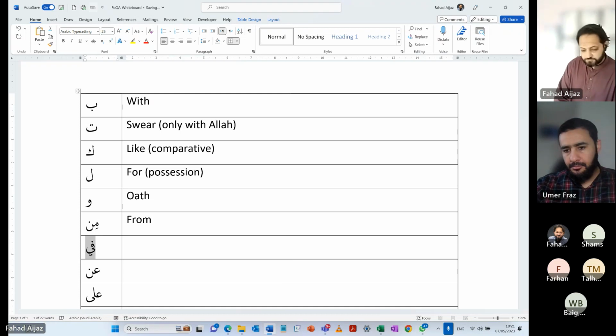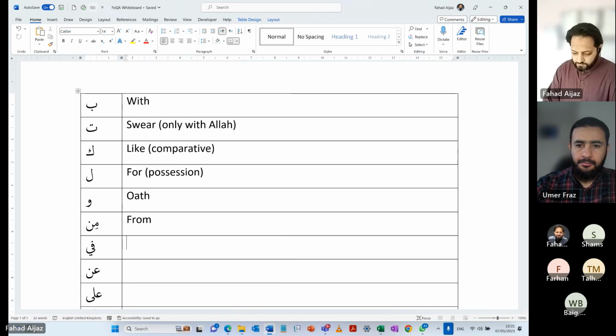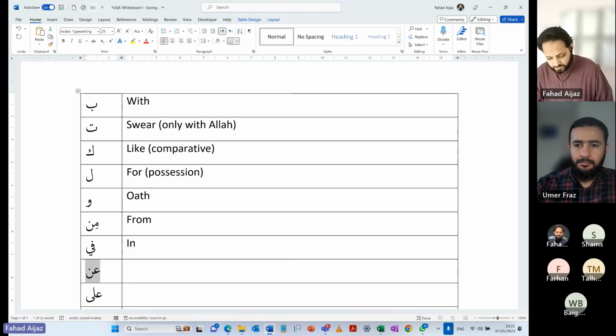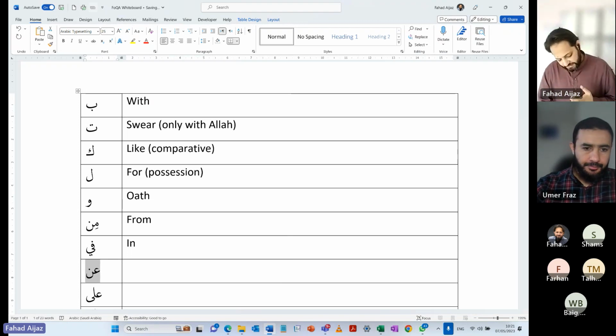Fi is in. Okay, let me pause here. Ba is with. Ta is swear with Allah. Kaf is comparison, like. Lam is for possession. Waw is oath. Min is from. Fi is in. I'll let you digest this in the next 30 seconds.